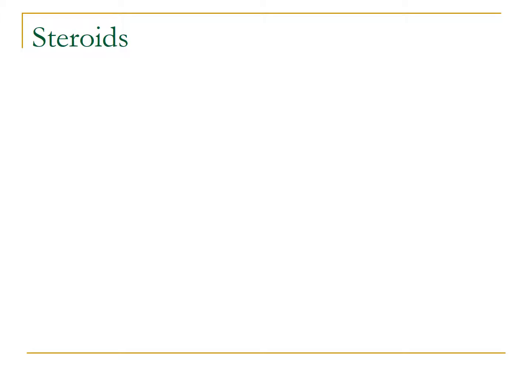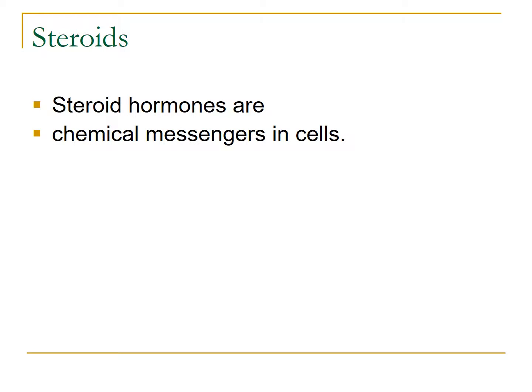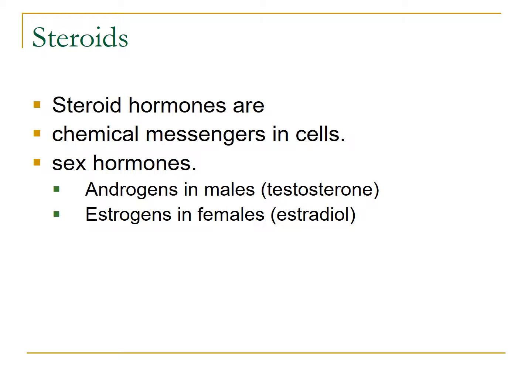Back to the steroids here. A second kind of steroid besides cholesterol are the steroid hormones. These are going to be chemical messengers that communicate with cells and induce the development of certain body structures. Androgens in males include testosterone, and so it will tell the body to develop male features.